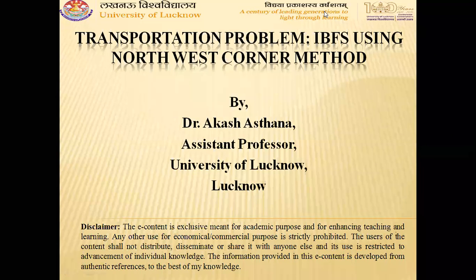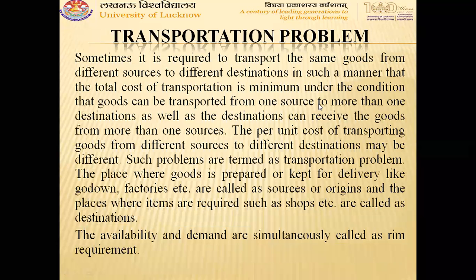So now today I am going to discuss how we obtain the solution to the transportation problem. So first I will give an overview again. What is the transportation problem?